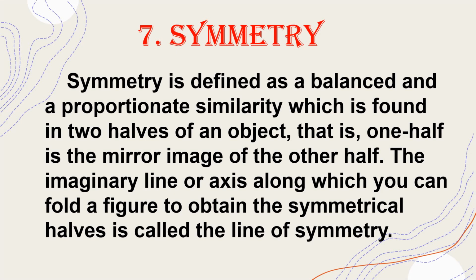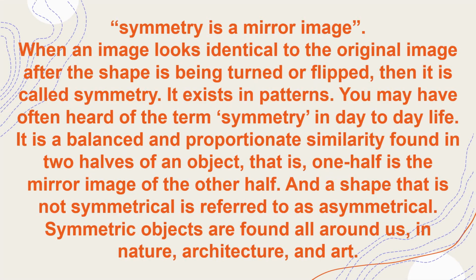The imaginary line or axis along which you can fold a figure to obtain the symmetrical halves is called the line of symmetry. So symmetry is a mirror image: when an image looks identical to the original image after the shape is turned or flipped, then it is called symmetry.